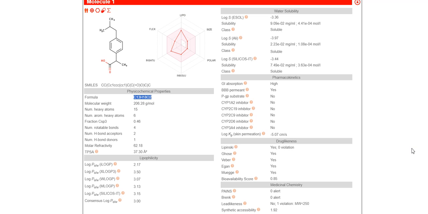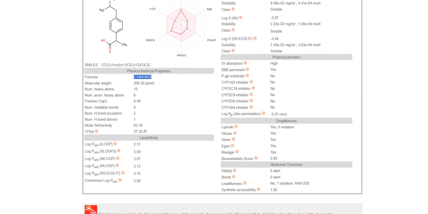And we have the other rules, Ghose rule, Veber rule, Egan rule, and Muegge rule. All these rules talk about the TPSA values or the molecular weight, and all the conditions are satisfied for this molecule. And there are some medicinal chemistry alerts shown here.